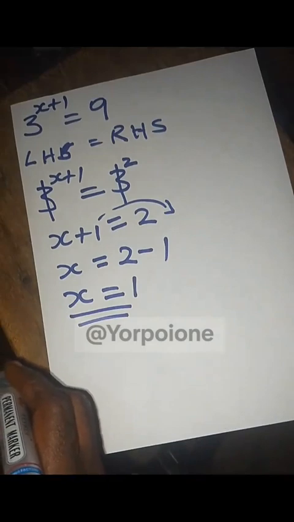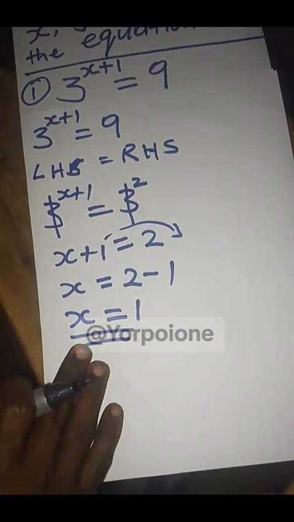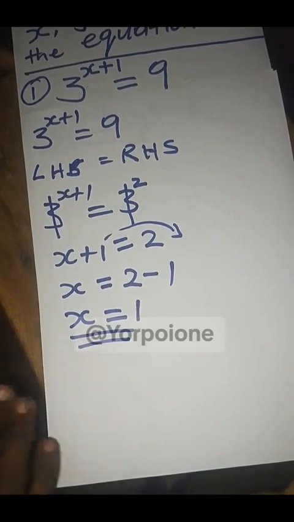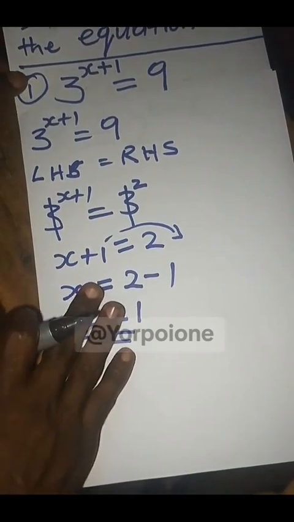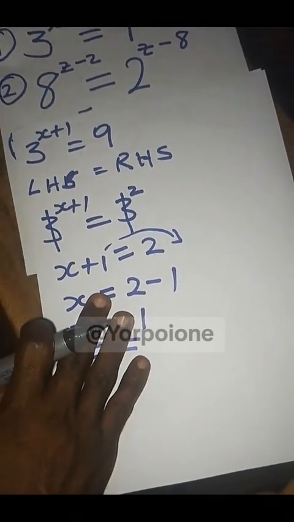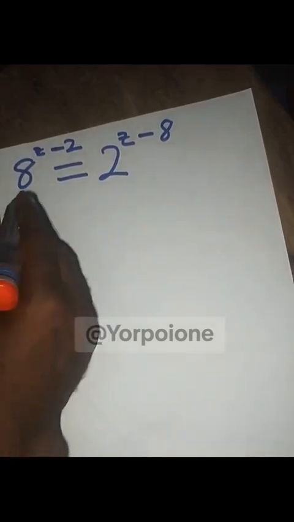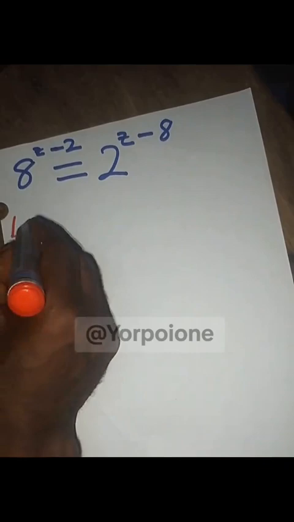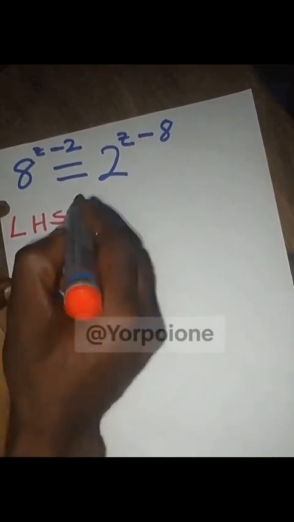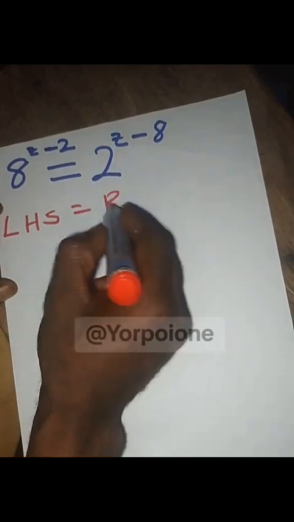Now let's look at the second question. We have solved the first one, so let's try to solve this one. We have the left hand side and the right hand side, and we want to satisfy both.